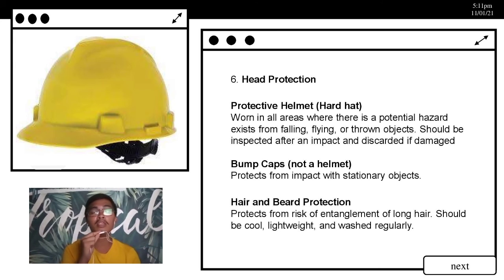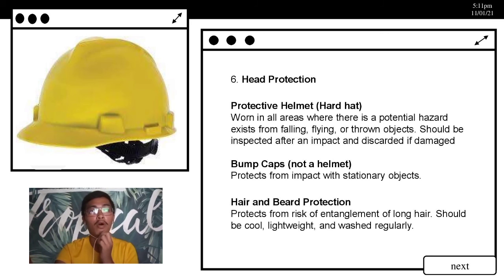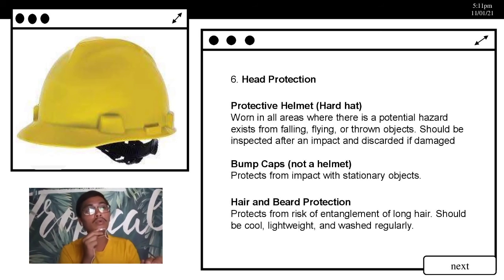So it does not protect you from electric shock that would directly come to your body. It only protects you from those types of wires that have electrics that would directly come into your head. So it reduces exposure.